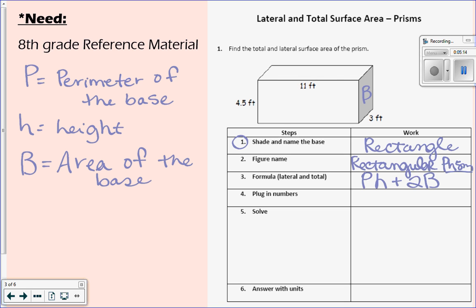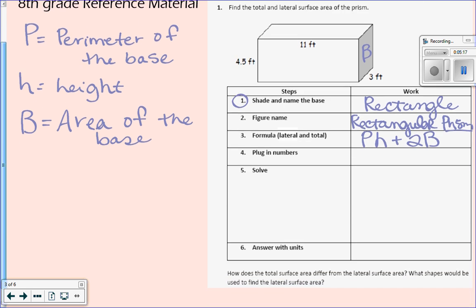All right, and now we're going to substitute our numbers in. P represents what? Perimeter. How do we find perimeter? Add up all your sides. So we have 3 plus 3 plus 4.5 plus 4.5.